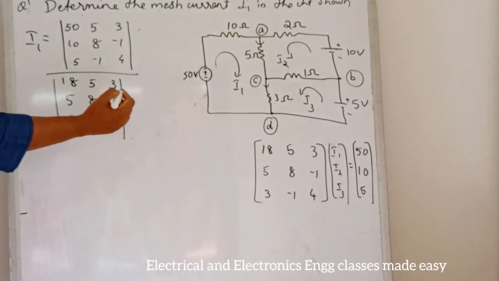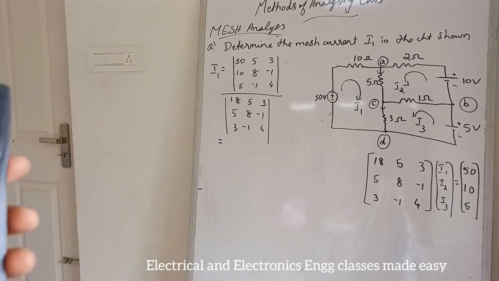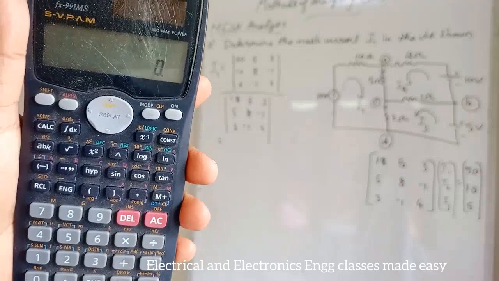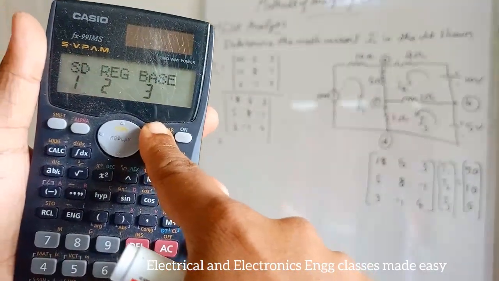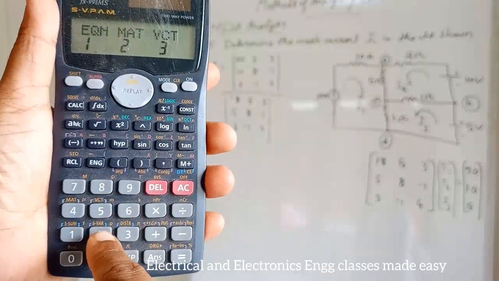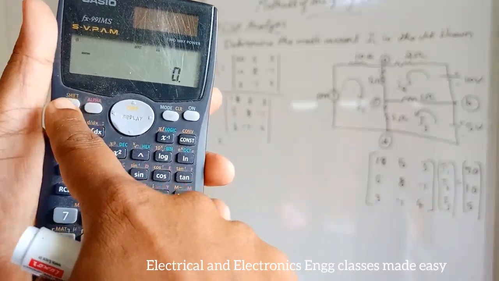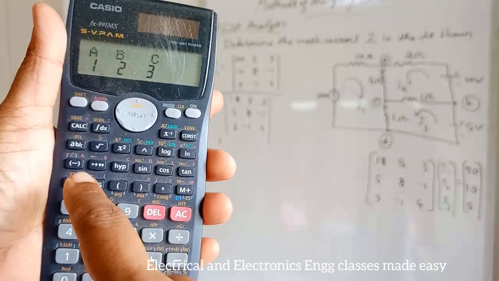Now we can find the determinant. We can find the determinant using a scientific calculator. In the scientific calculator, first of all select matrix mode, then 2. Now enter the data: shift, matrix, dimension.